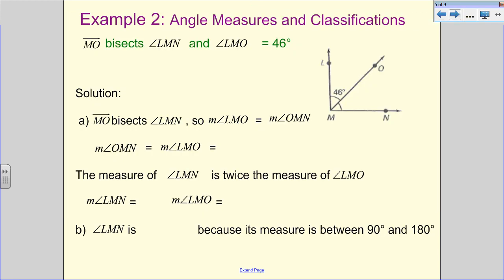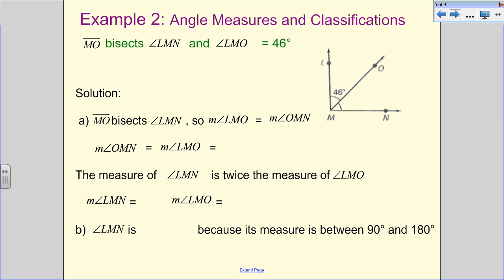All right, let's take a look at example 2. Hopefully you're anticipating what this is. Now we're going to have part of our angle. We're going to know our angle bisector, our new angles that are created, and what we're trying to do is find the larger angle.